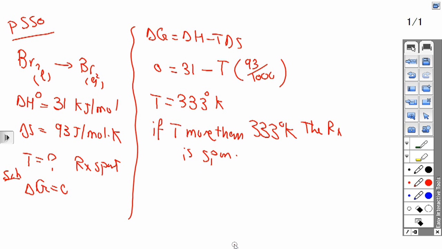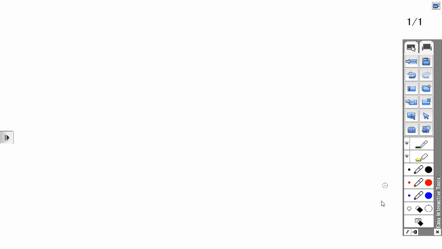Another type of question in the textbook and in the standardized tests. For example, for the reaction in which a diatomic molecule dissociates into atoms, N2 gas dissociates into 2N gas.